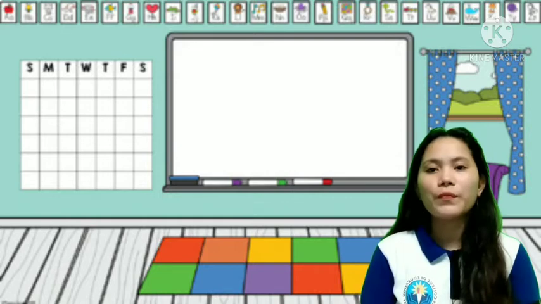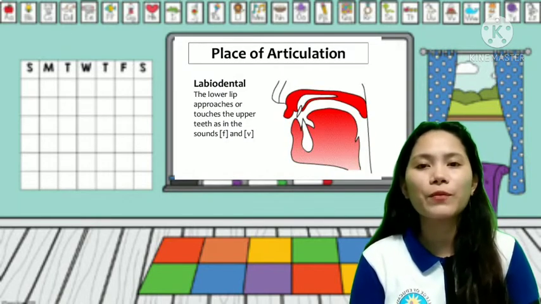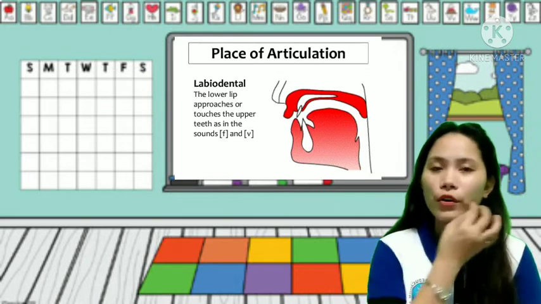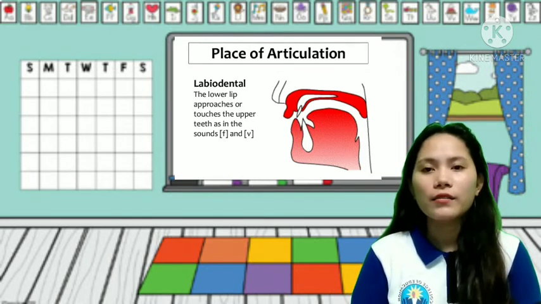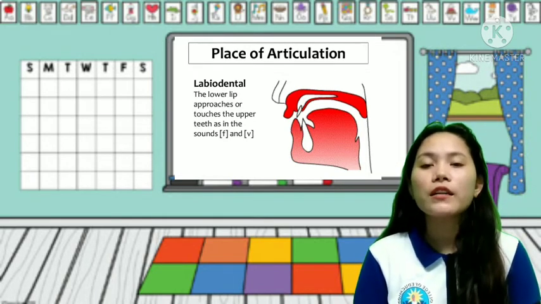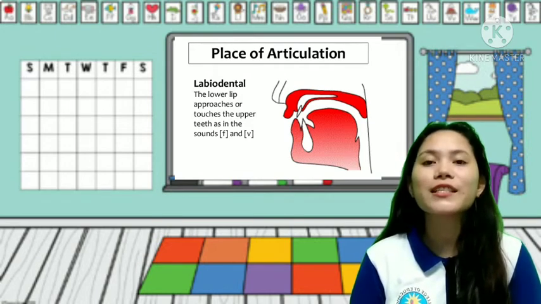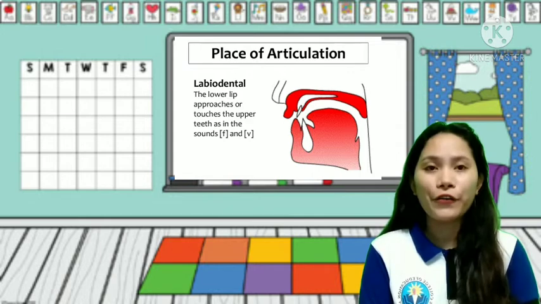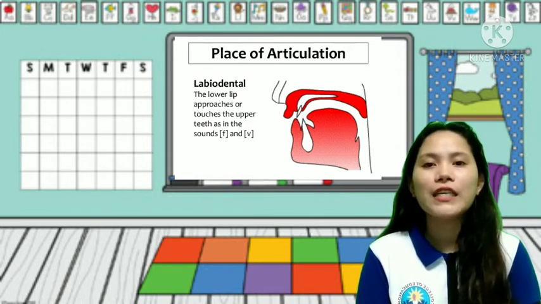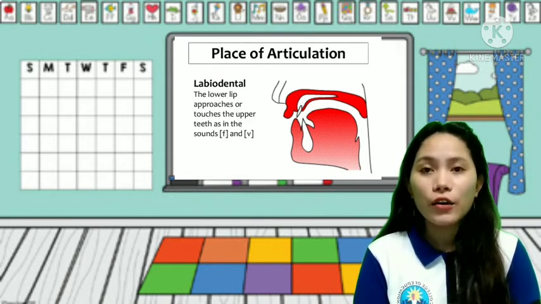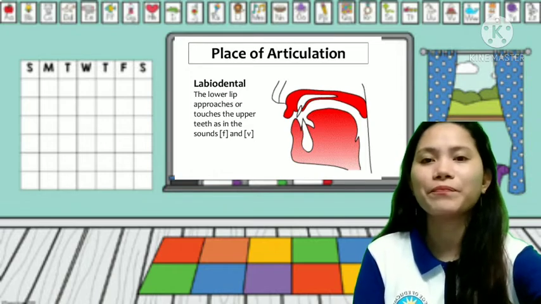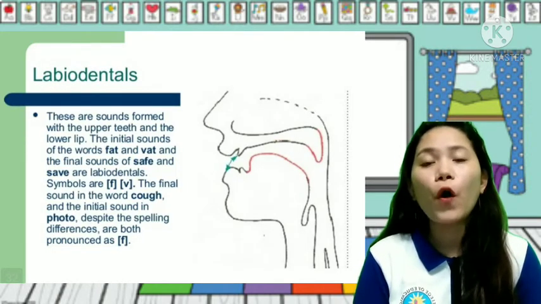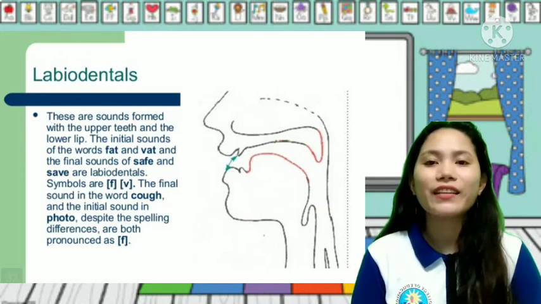Next is the labiodental. From the word dental, it involves your teeth. The lower lip approaches or touches the upper teeth, as in the sounds F and V. These sounds are formed with the upper teeth and the lower lip.